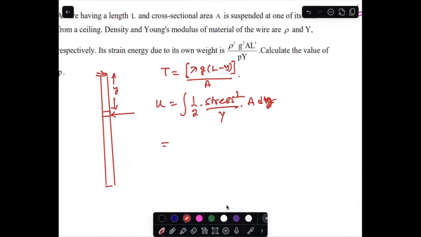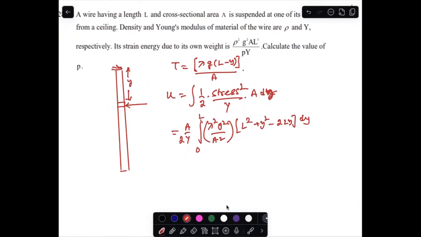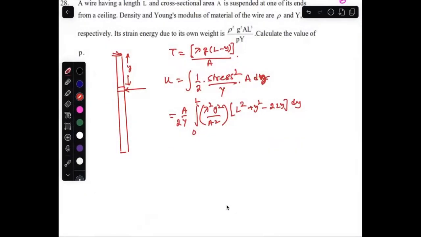So which means A by 2Y, stress square is lambda square g square by A square times L square plus y square minus 2Ly, dy from 0 to L. Therefore, A by 2Y, and we can bring this out, A square.